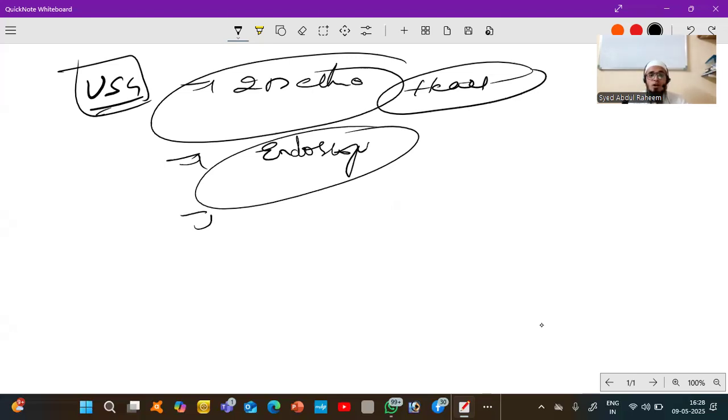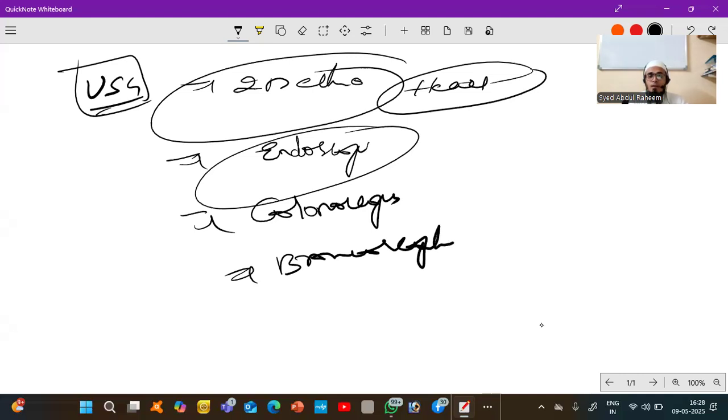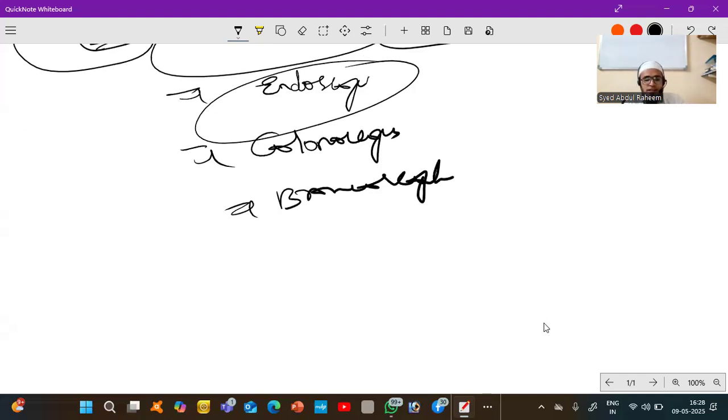And we have colonoscopy, bronchoscopy. All these are forms of USG itself. So we see the internal organs. In colonoscopy, you can see the large intestine mostly and small intestine.